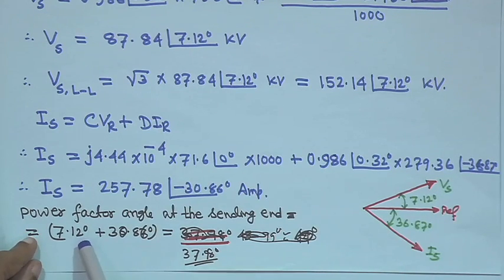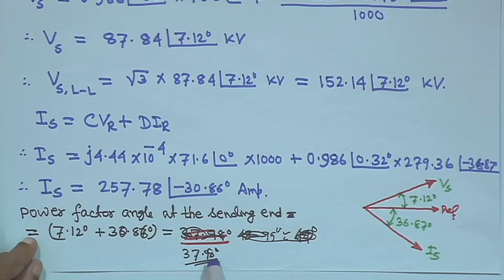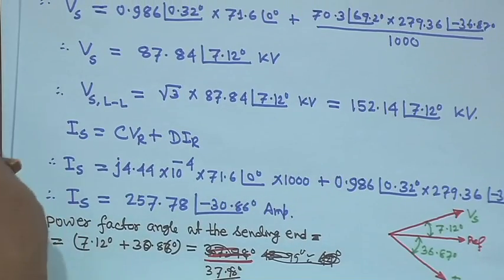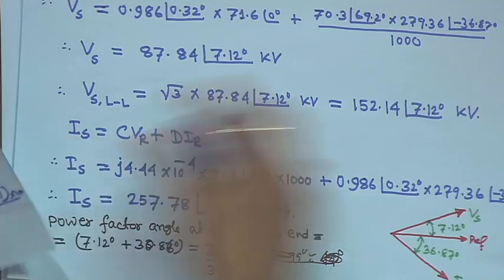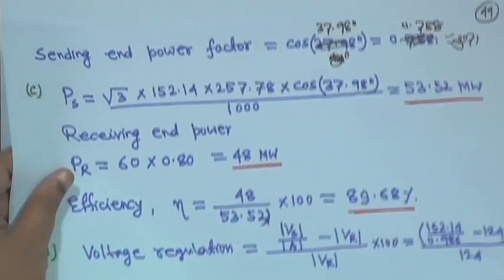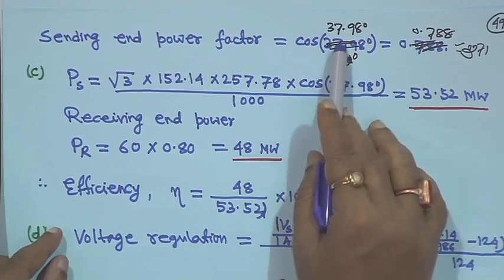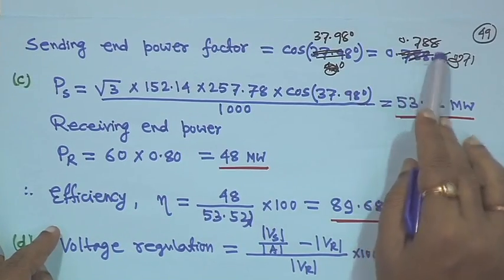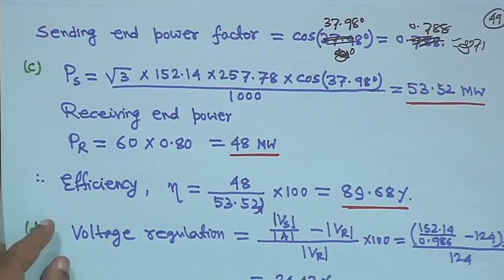So, it will be 7.12 plus 30.86 degree, equal to 37.98 degree, right. So, this is your power factor angle. Once you get this, you take the sending end power factor, that is cosine of 37.98 degree, equal to 0.788, right. This is the sending end power factor.